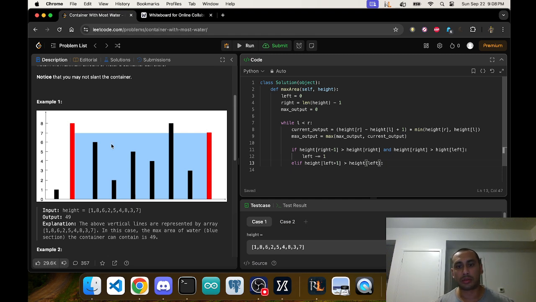Then I also, this one's right minus 1 because I want to move this way. This is left plus 1 so I want to move this way. So if this left is greater than, and height at left.